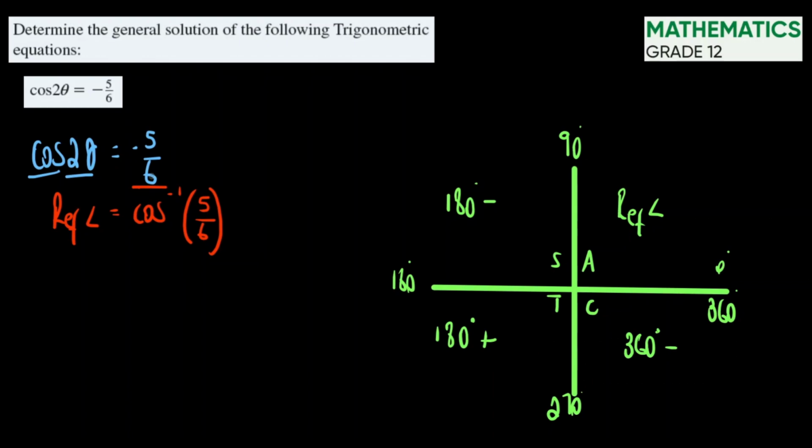So we have to find the quadrants where cos is negative. We know that cos is negative in quadrant 2 and quadrant 3. In quadrant 1 all the functions are positive, and none of them are negative.